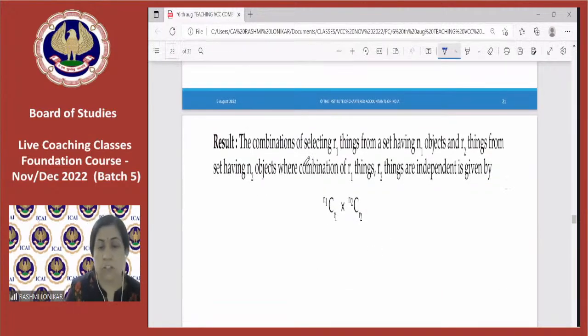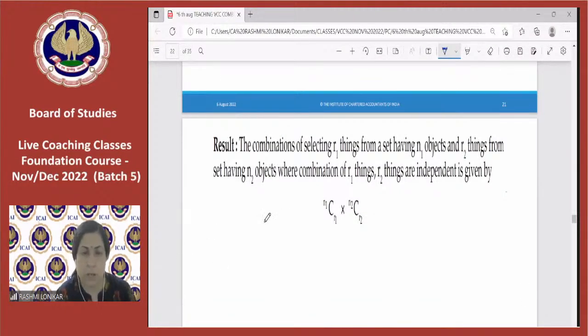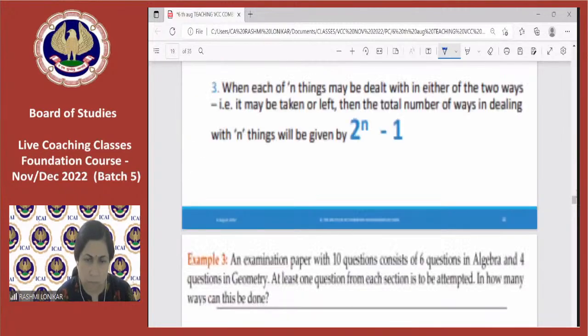The combination of selecting R1 things from a set having N1 objects and R2 things from a set having N2 objects, where the combination of R1 things and R2 things are independent, is given by N1C R1 into N2C R2. This we've already used in the balls question.